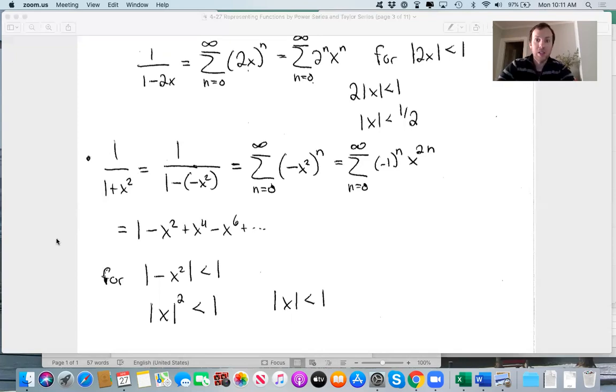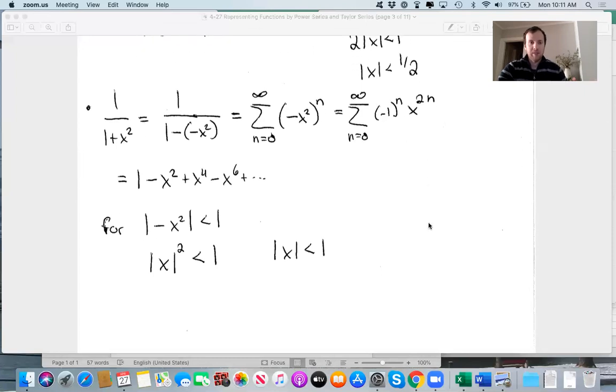And the way that we can do that is, this function has this as its series. If you integrate this, you get arctangent. What we'll say is, if you integrate this series, you get the series for arctangent.